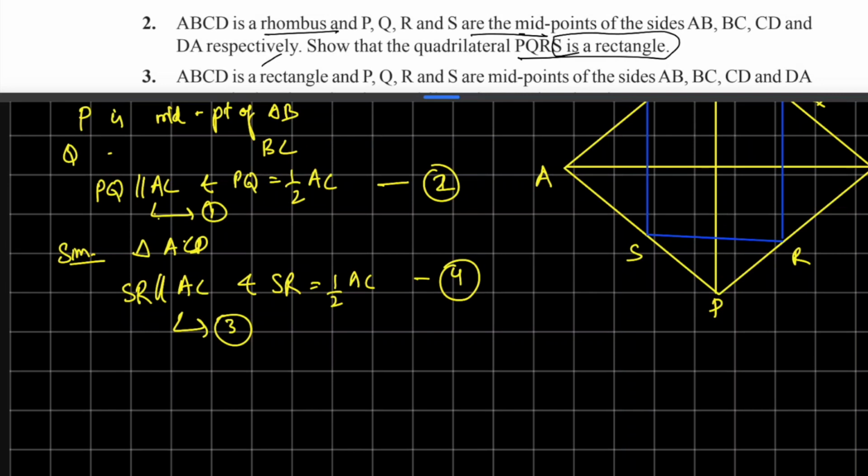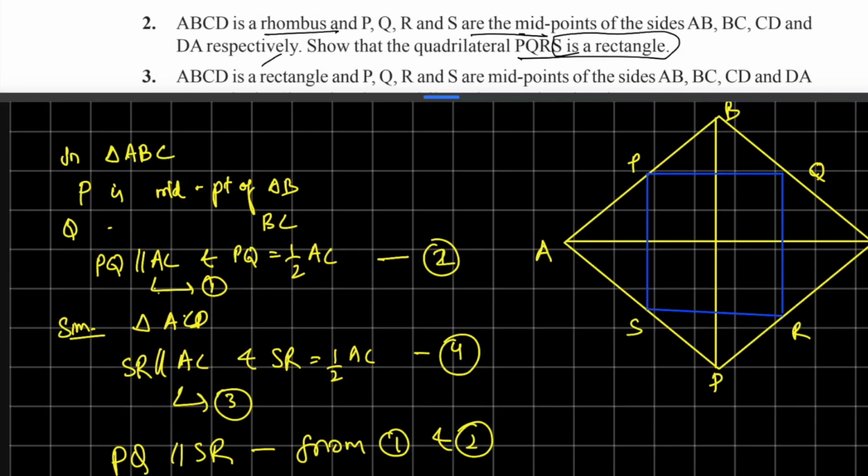From 1 and 2, what can we say? We can say that PQ is parallel to side SR. How? Because PQ is parallel to AC and SR is also parallel to AC. So PQ is ultimately parallel to SR, because both are parallel to the same line AC.